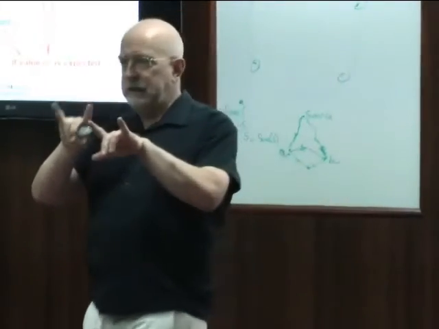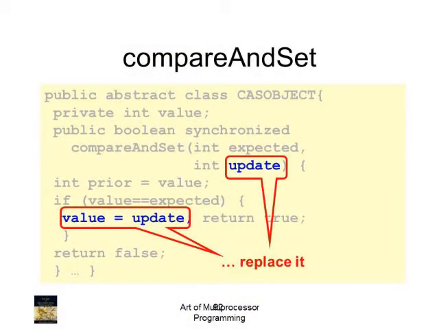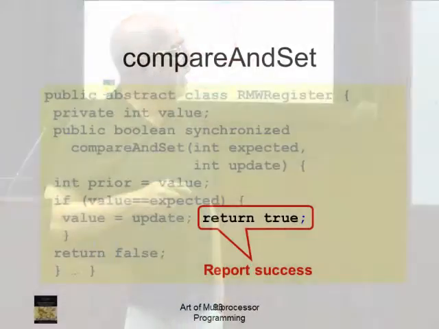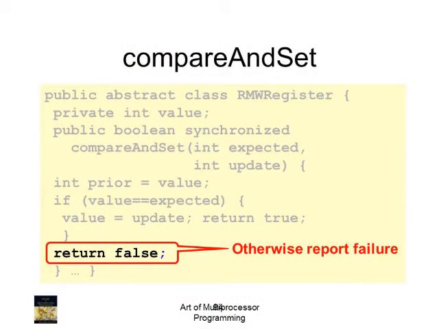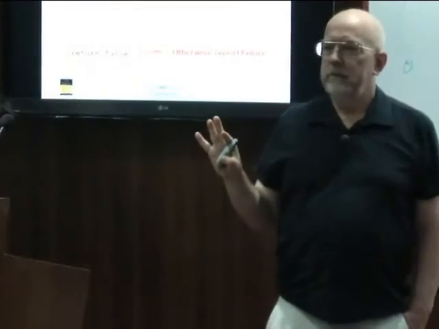We tell the hardware to compare the expected value to the one that's actually there, and if they match, replace it with a value that I specified. So if my speculation about what's in this memory is correct, replace it with something else that I gave you, and return true. If the actual value of that memory was different from what I expected, leave it alone and return false. And all of this is done atomically.